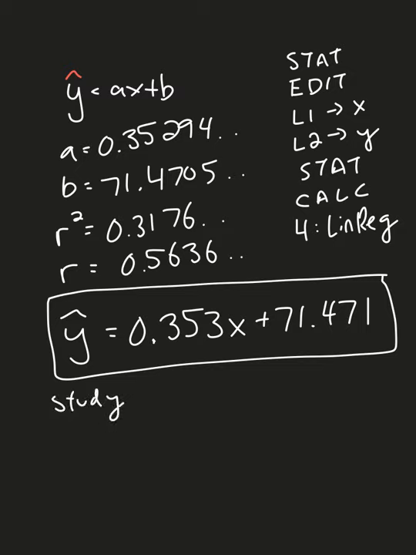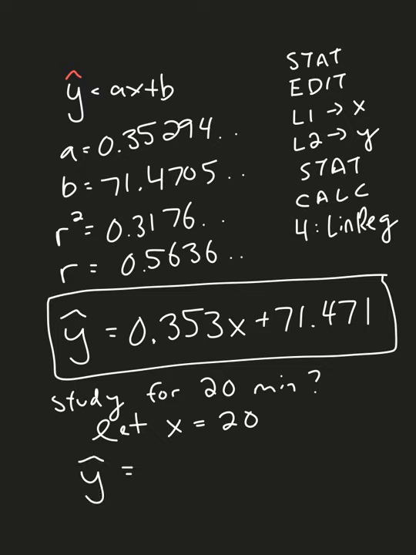Now, we might also have a question that asks you to perform some sort of a calculation using your line. So perhaps it says, what if we were to study for 20 minutes? What might you expect for a test score? So we would let x be 20 and plug 20 into that equation. So then we just substitute 20 for x, and you can use your calculator.